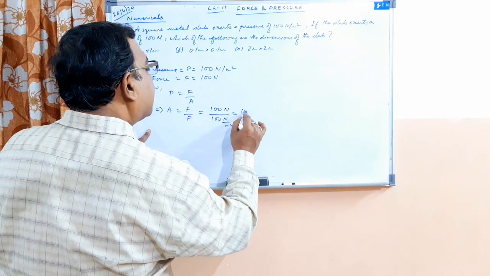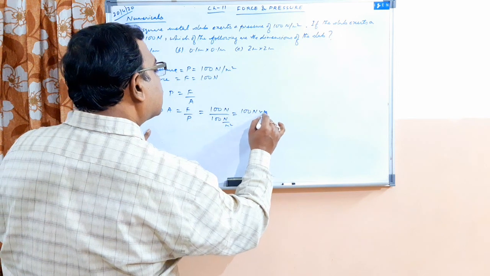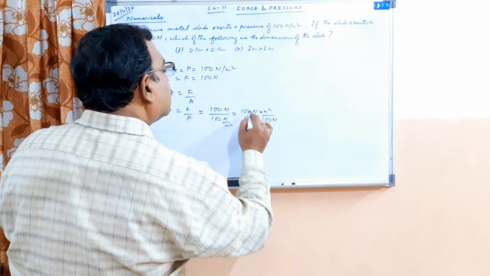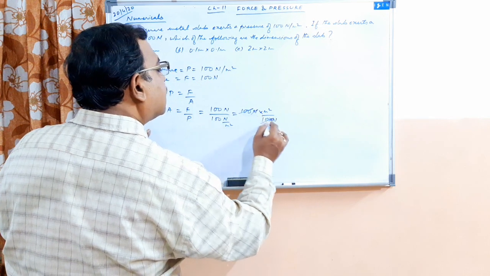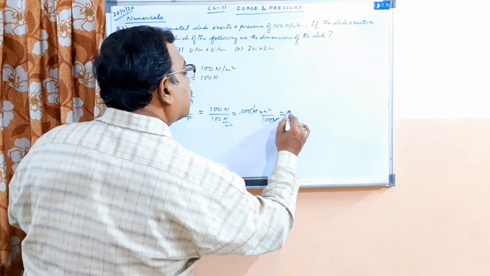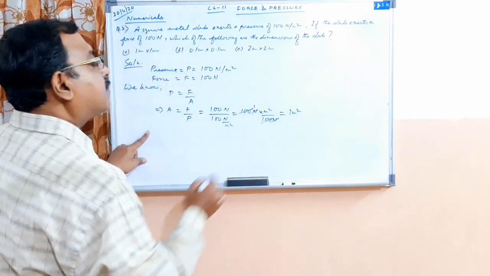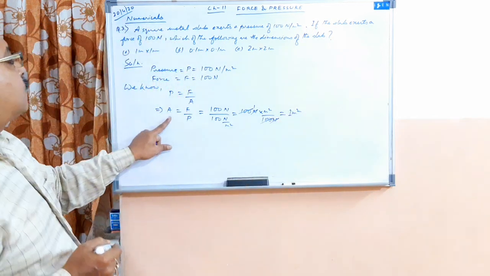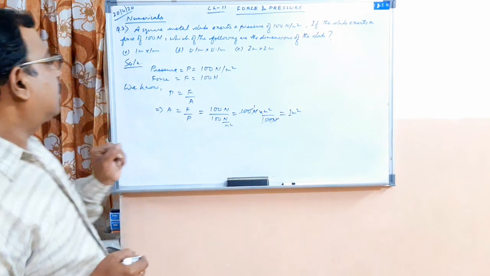That means this can be written as 100 Newton into meter square divided by 100 Newton. So this gets cancelled. So area becomes 1 meter square. Right? So area of the slab is 1 meter square.